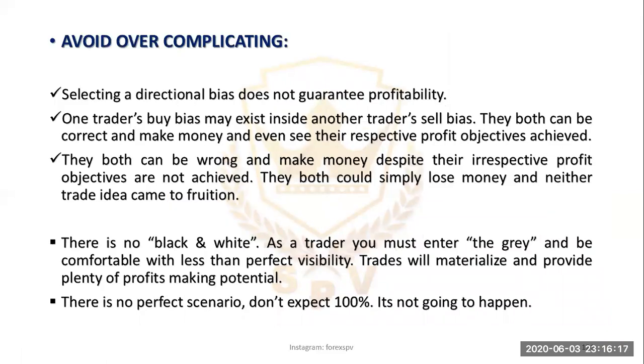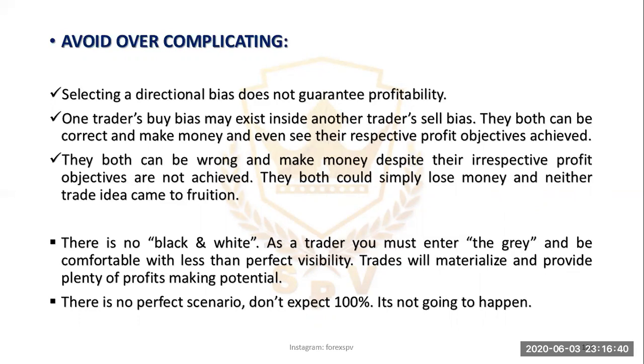You need to be comfortable with less than perfect visibility. That is what I mean when I say avoid overcomplicating. When you are selecting your directional bias, you need to be comfortable with less than perfect visibility, because the market is not black and white.